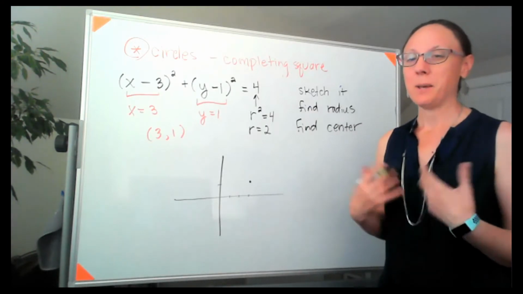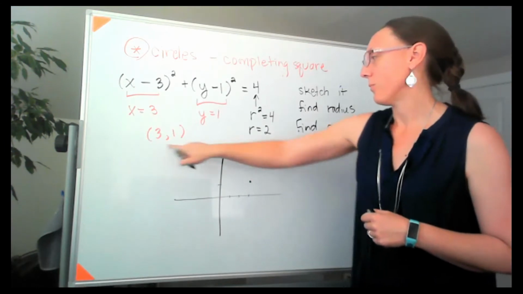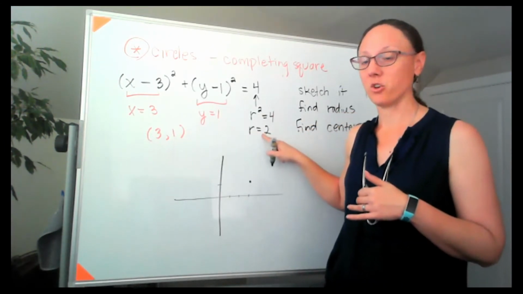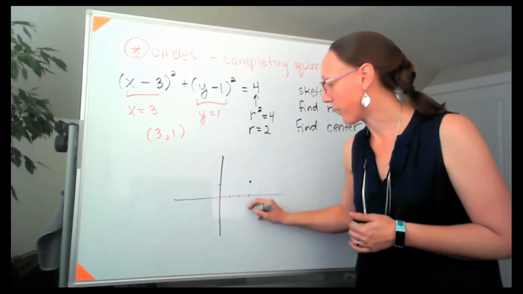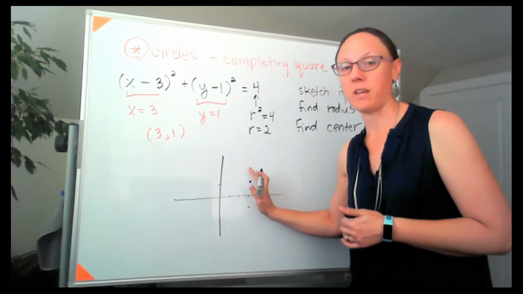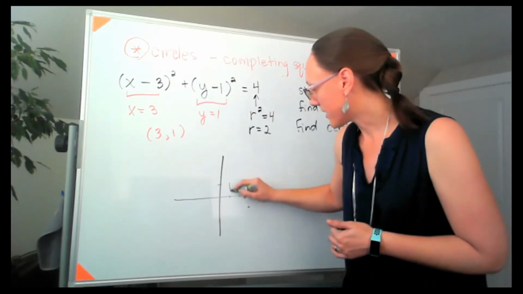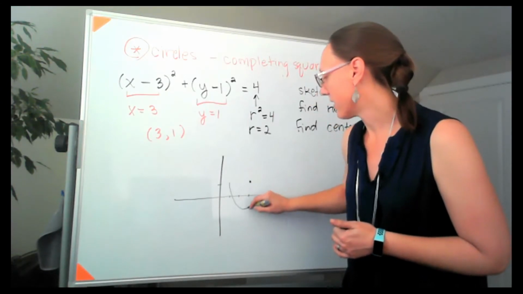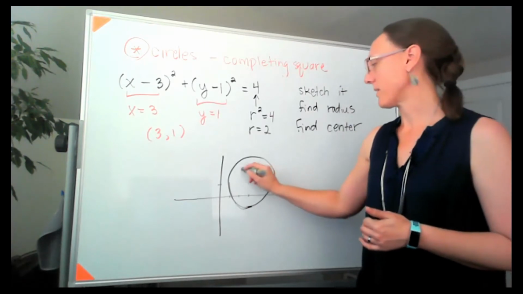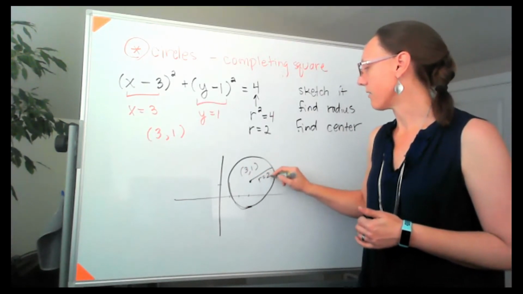But it is important to note that because this circle is shifted up 1 in the y direction, but the radius is 2, it's going to dip below the axis. And because it's shifted out 3, but the radius is only 2, it's not going to extend past the y-axis. So there's my sketch: center (3, 1) with a radius of 2.